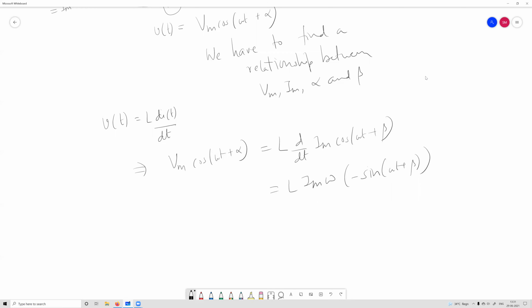Now we will use a handy equation that cos of (pi by 2 plus theta) equals minus sin theta. Can you verify this? This is equal to cos pi by 2 cos theta minus sin pi by 2 sin theta. This is 0, this is 1. So this is minus sin theta, right? So we can write this.